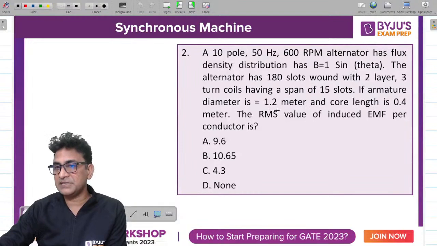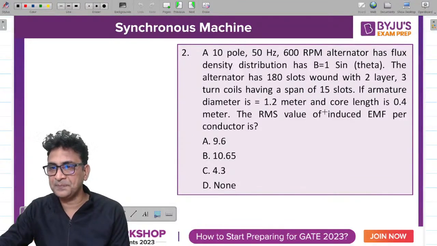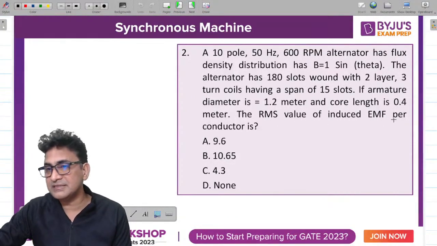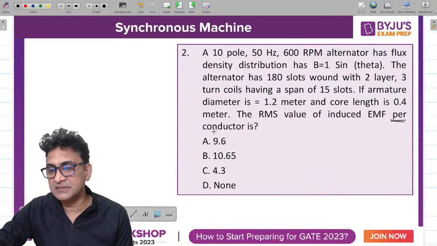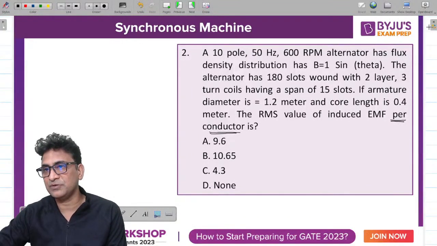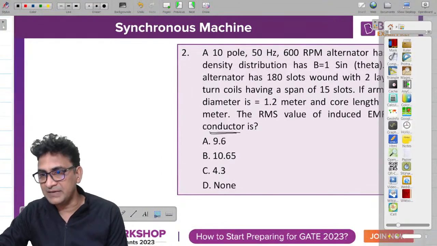If the armature diameter is 1.2 meter and the core length is 0.4 meter, then find the RMS value of induced EMF in a single conductor. See, here you have to find the RMS value of induced EMF in a single conductor, not the induced EMF per phase or the line voltage.